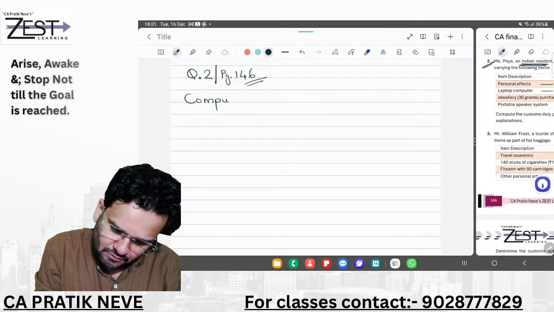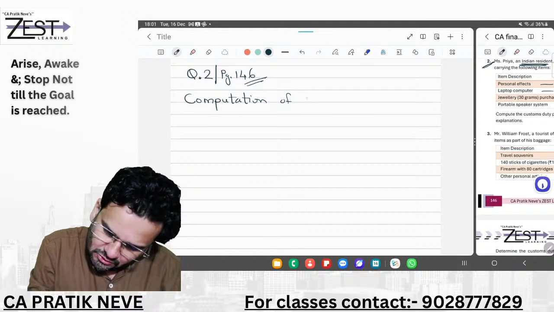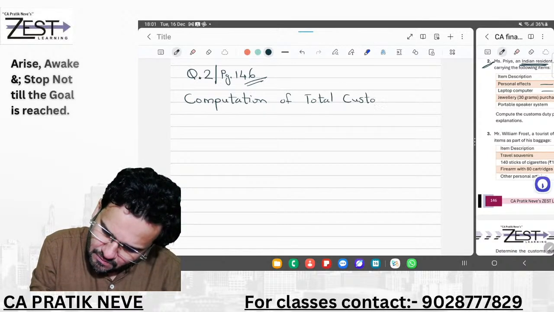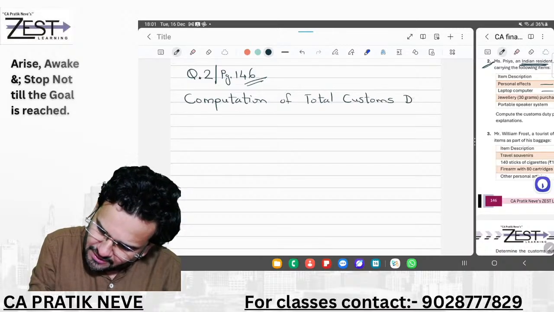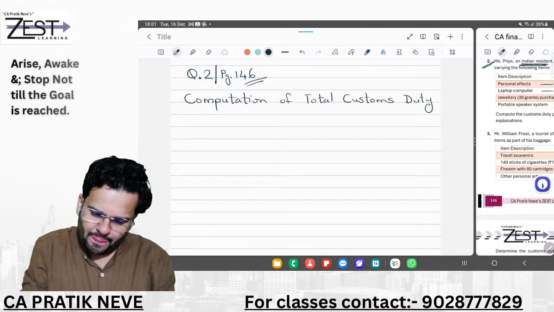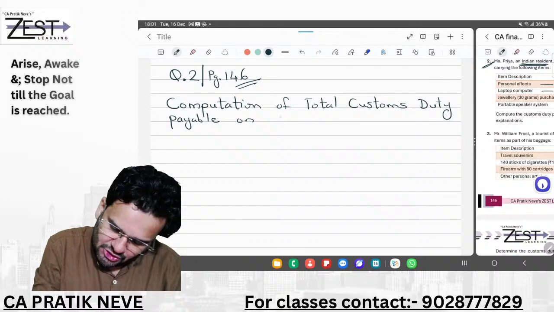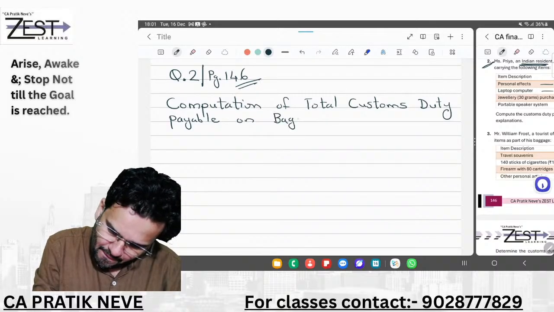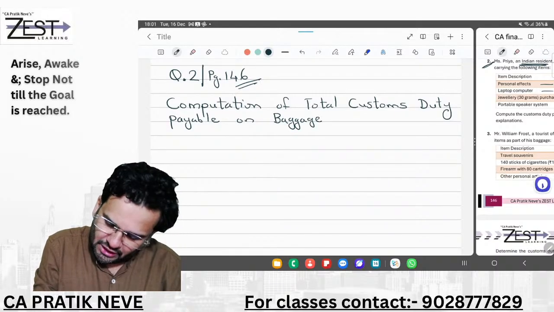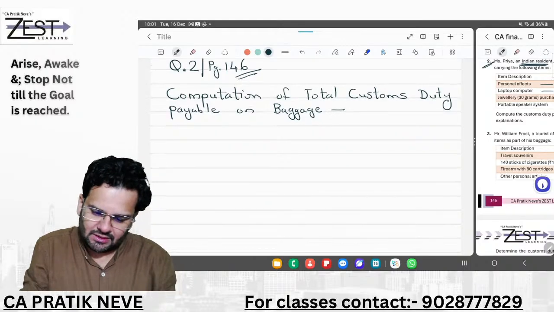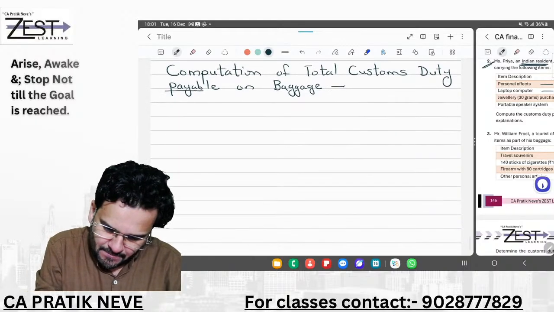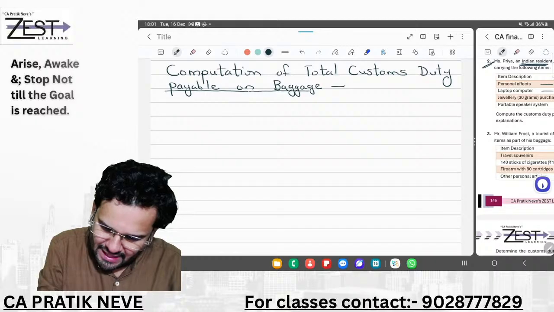Computation of total customs duty payable on baggage.